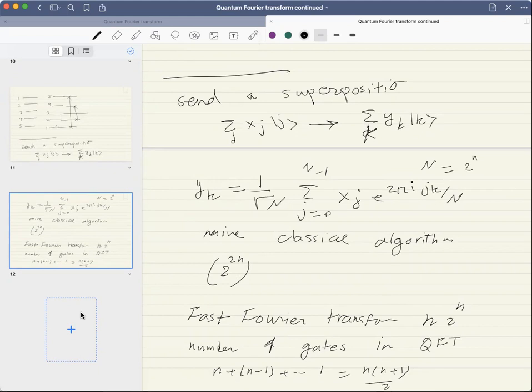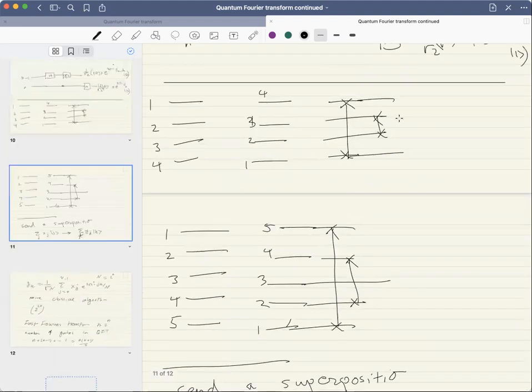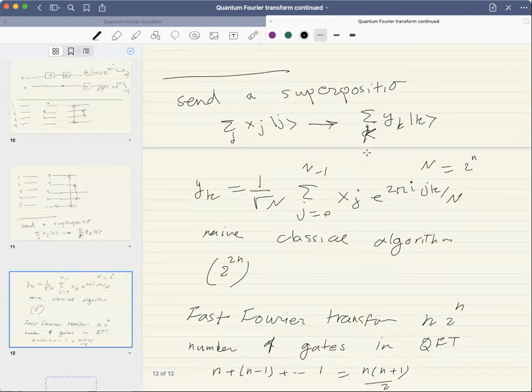If you think more carefully, there's going to be that superposition, but the numbers that appear in the final superposition that the circuit produces will be hard to access directly by measurement.